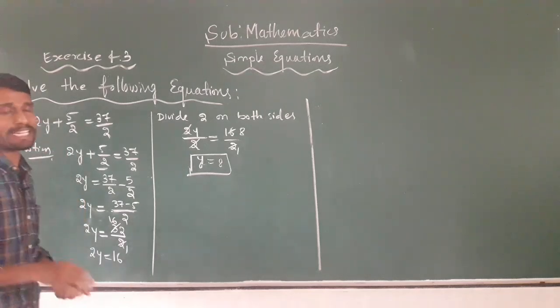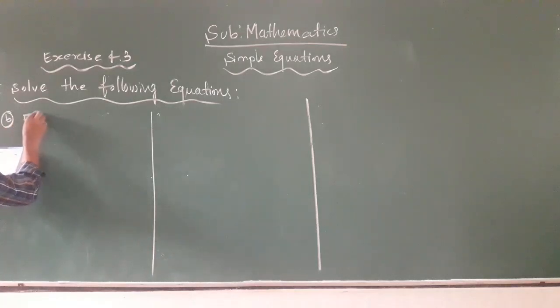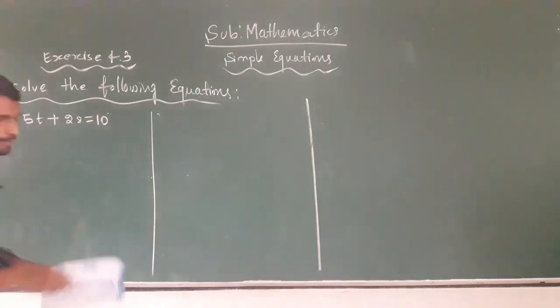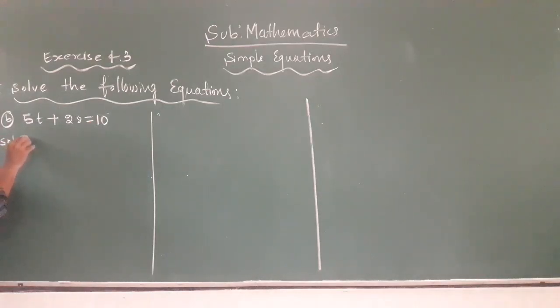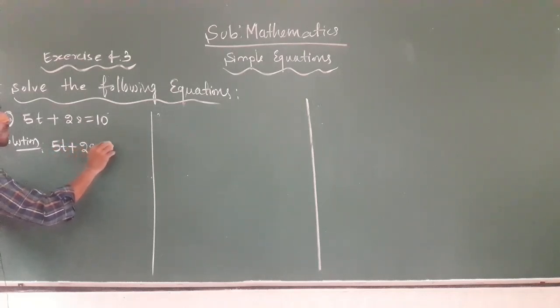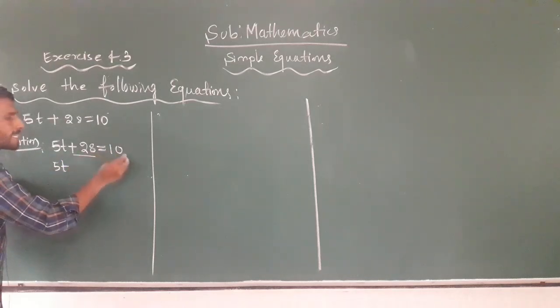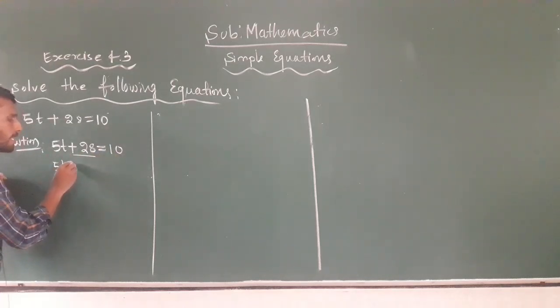Let's try the second problem. 5t plus 28 is equal to 10. Solution: 5t plus 28 is equal to 10. Now when we transpose from LHS to RHS, that becomes negative.